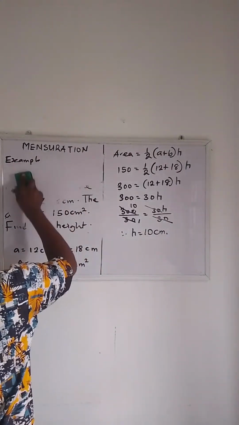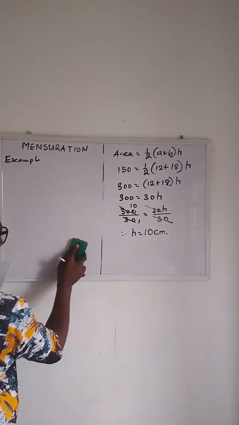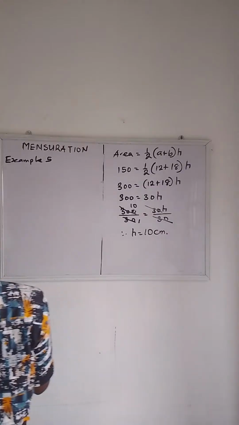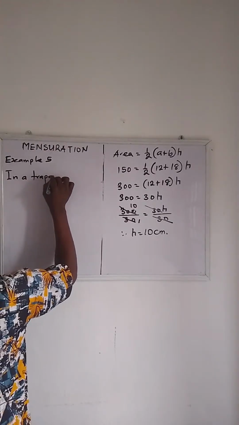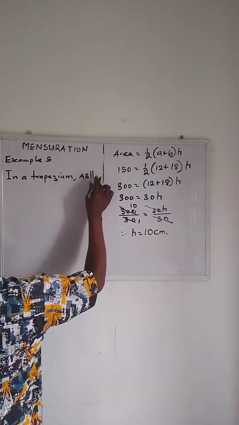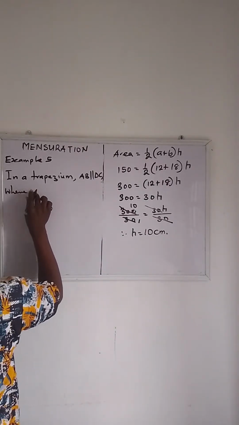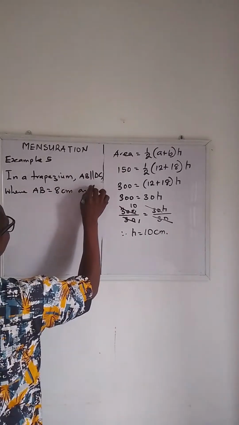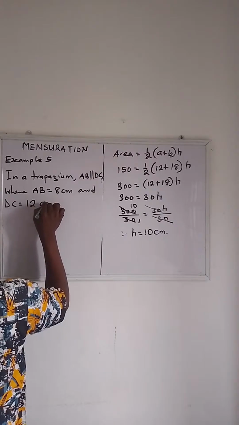Example 5. In a trapezium, AB is parallel to DC, where AB equals to 8 centimeter and DC equals to 12 centimeter.